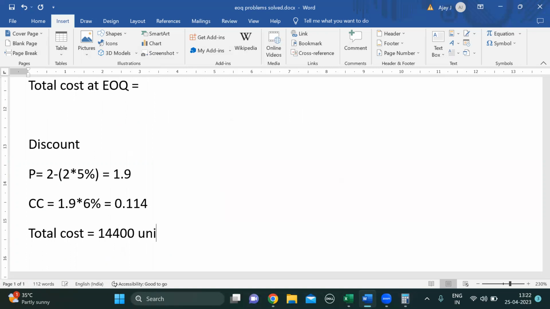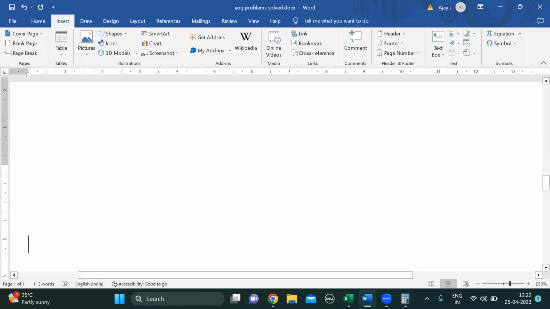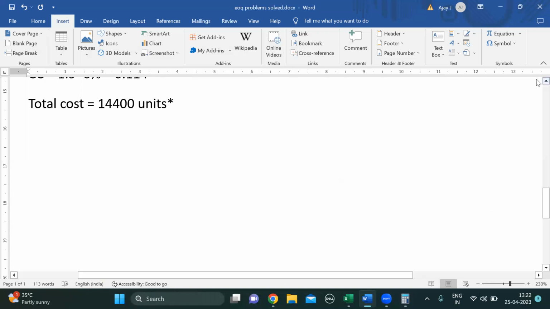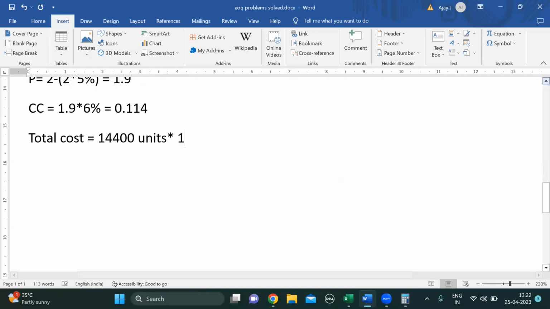Now we'll do the total cost. 14,400 units into price now after discount, the new price that we found out was 1.9. This is your purchase cost plus, sorry, first we'll do ordering cost. Demand 14,400 divided by quantity.